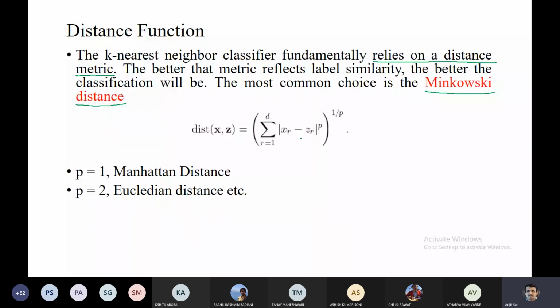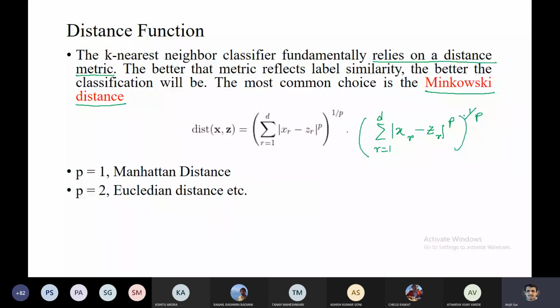This distance is measured between x in a d-dimensional space and another point z in the same d-dimensional space: the modulus of x_r minus z_r to the power p, summed over r equal to 1 to d, all raised to the power 1 by p.